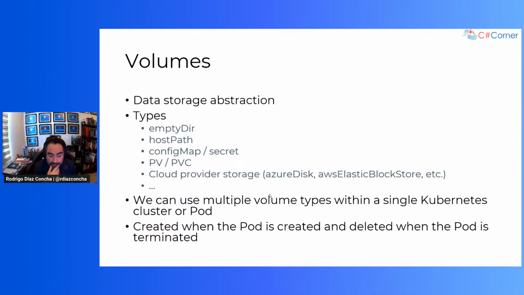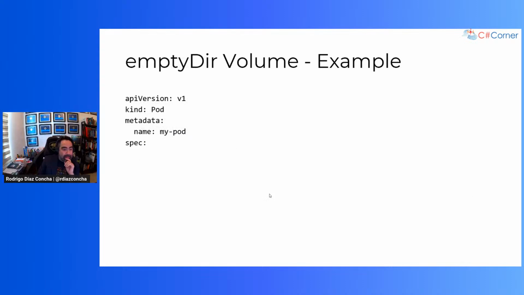That's what I mean. And they are created when the pod is created and deleted when the pod is terminated. This is the nature of volumes. So let's do the first example, that is this emptyDir volume example, okay?